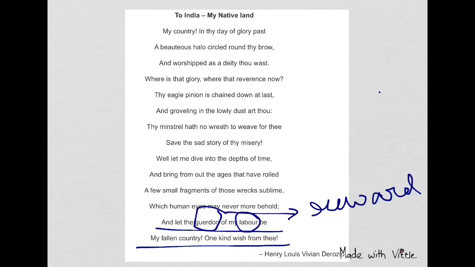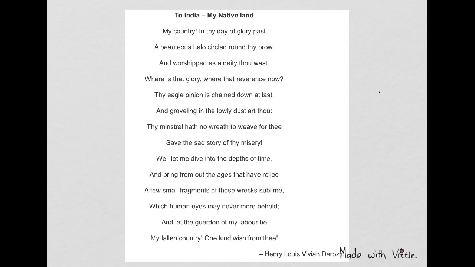He is requesting the inhabitants of India, the Indians, to fight back to regain the lost glory of their very dear motherland. So the basic idea of the whole poem is that the poet is expressing a sense of personal loss in the downfall of his country, India.